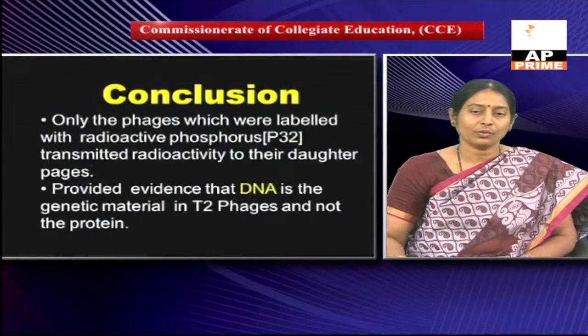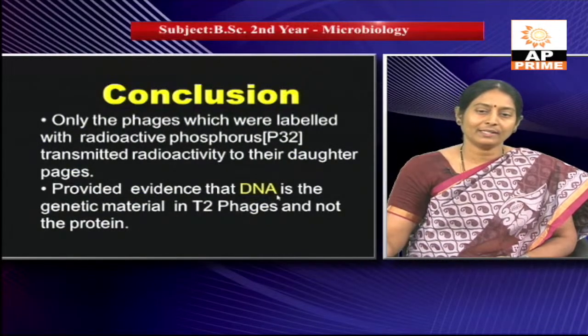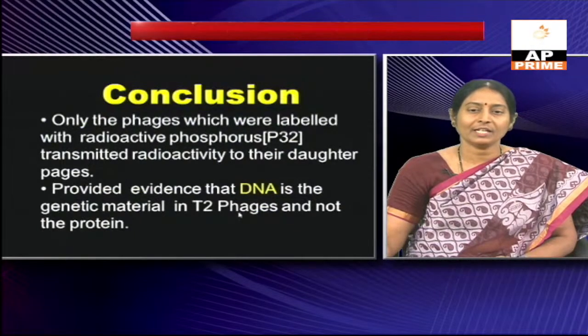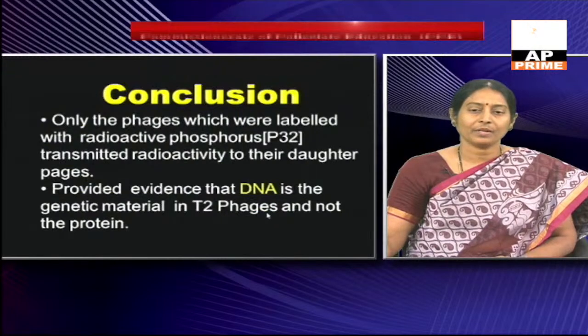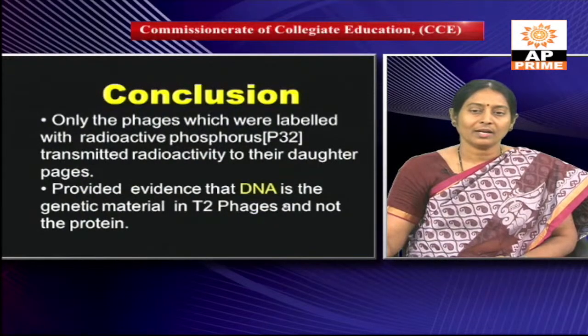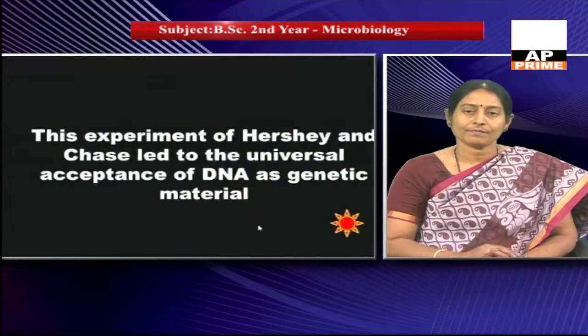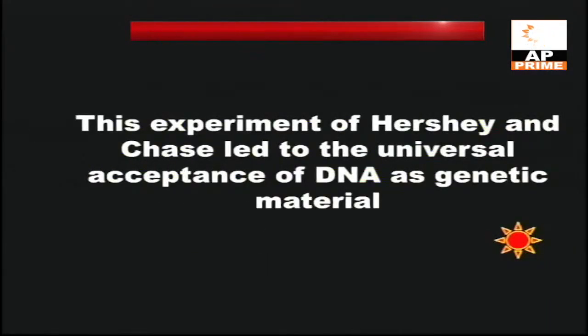But it was only DNA that entered the host bacterial cells, and as it has the genetic information of T2 phages, it was transferred from one phage generation to another. So this way, the findings of Hershey and Chase led to the universal acceptance of DNA as the genetic material.